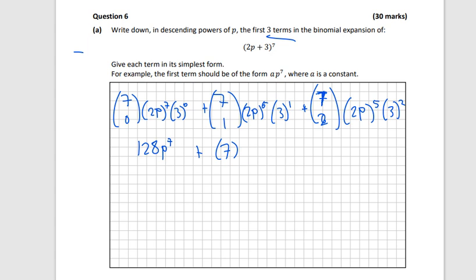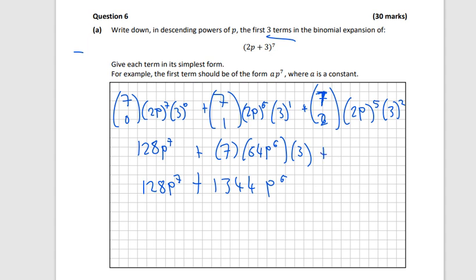Yep, so it's 64p to the power of 6, and then we have to multiply that by 3. So we have to do 3 times 64 times 7. And that gives 1344 p to the power of 6.